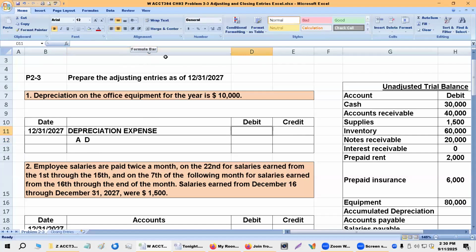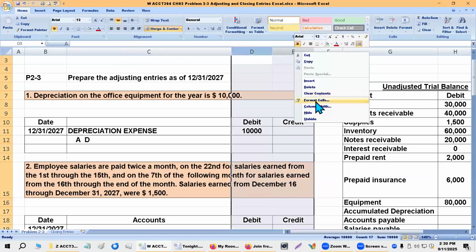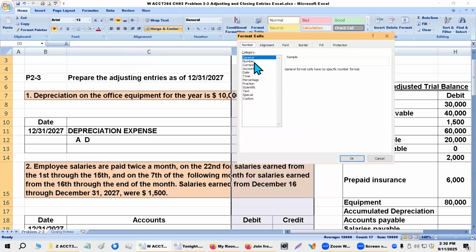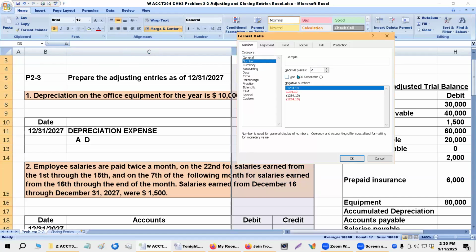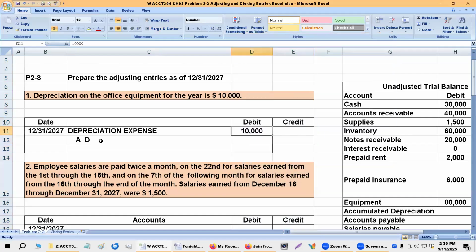So we're going to depreciate 10,000. And AD is accumulated depreciation. Oh, I know.